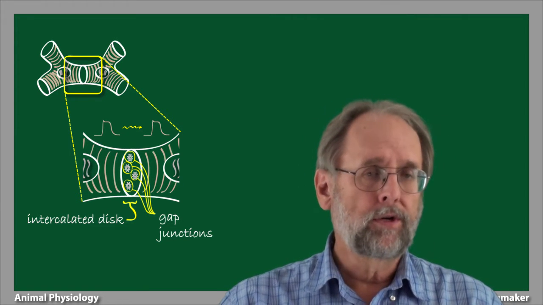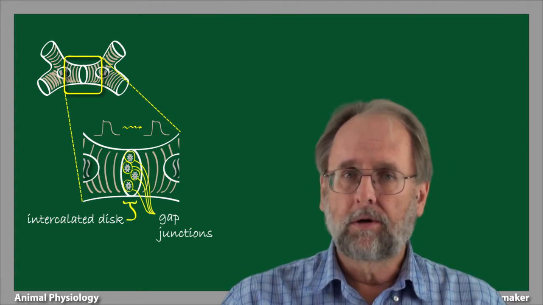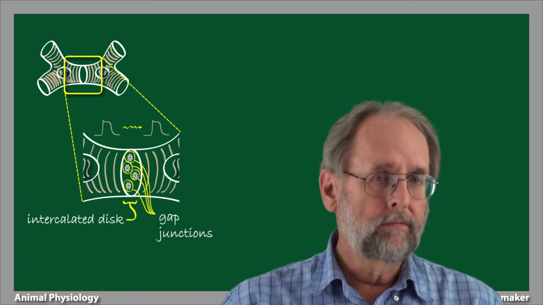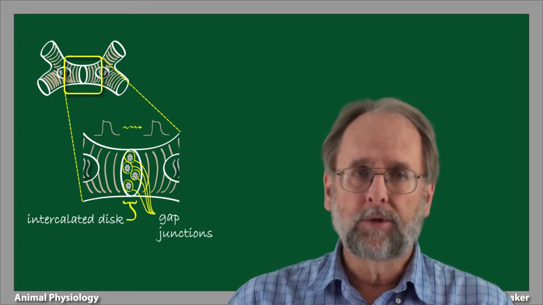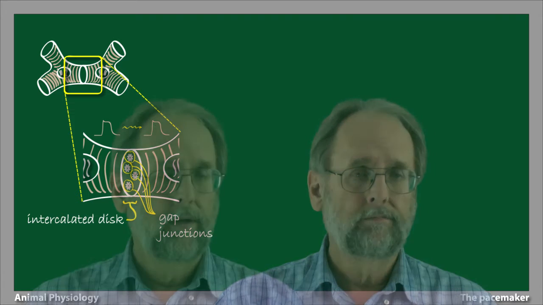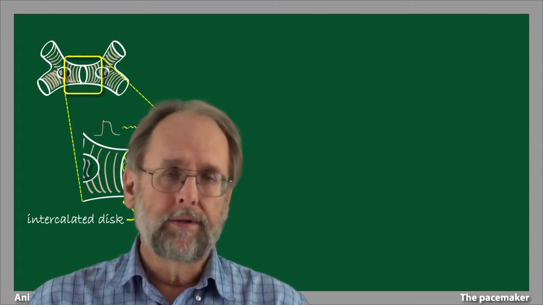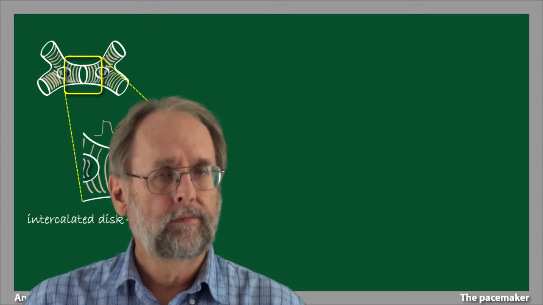And this makes for what is called a functional syncytium. Even though each cardiac cell is mononucleate, their coordination through gap junctions makes them function together as if they were one. The peculiarities of excitation impose a constraint on this mutual excitation.